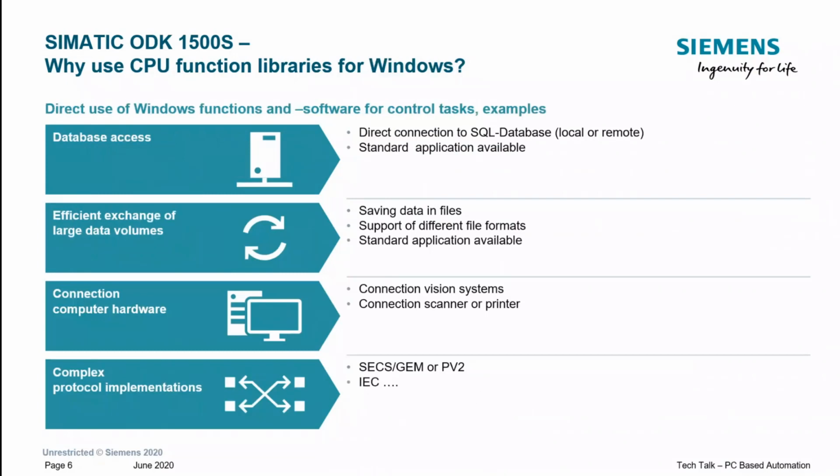Now, if we want to run stuff in the Windows environment as well, we can do. And there's a number of reasons this may be advantageous to us, again, over a hardware controller. So a big one is database access. In this slide, it's talking about SQL, but this could be any sort of database format that can be installed locally or remote.